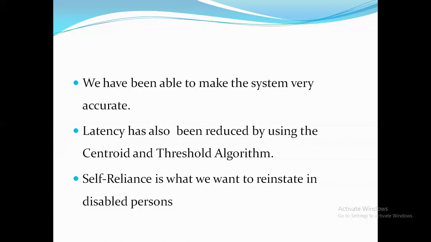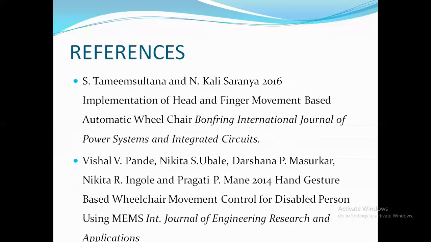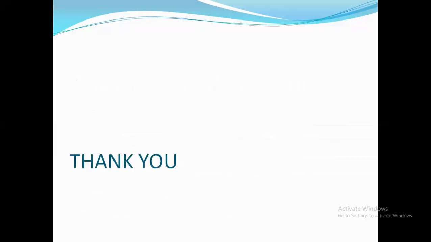Self-reliance. The most important thing is self-reliance. If I am a paralyzed person, by default I am dependent on someone. But this project ensures that self-reliance is the main thing. So this is one part of the conclusion. The reference I have pasted here, and thank you so much.